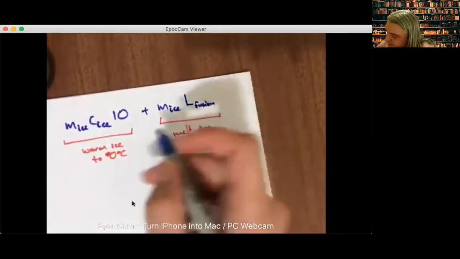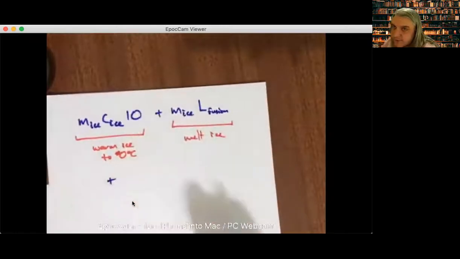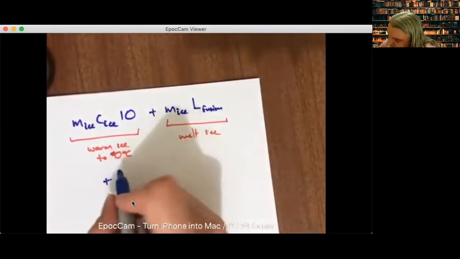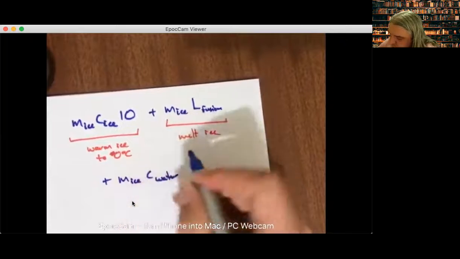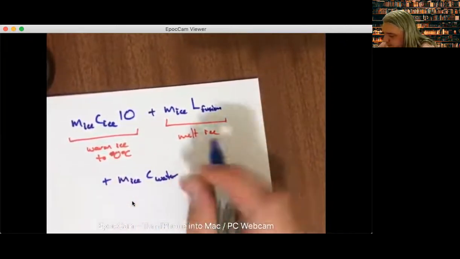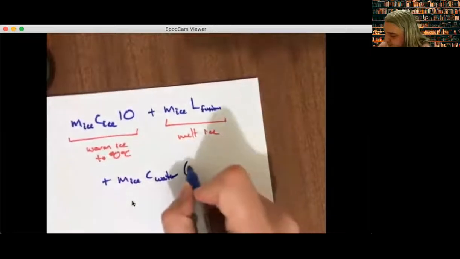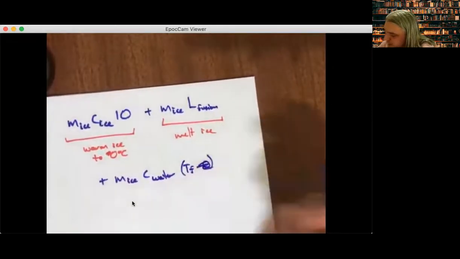And then, in addition to those, we have to give it enough energy to raise it to its final temperature. So we have the M of ice times C of water times the change in temperature from 0 up to final, which is TF minus 0, which is obviously just TF. Minus 0 doesn't do anything.